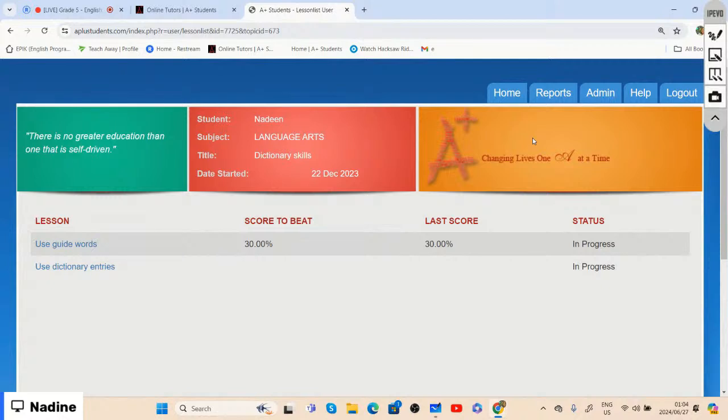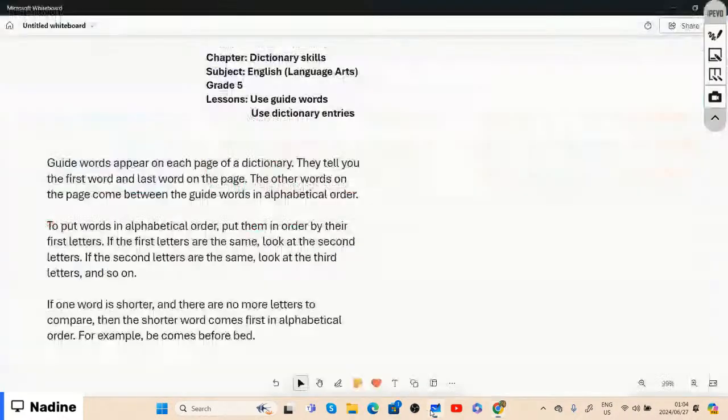All right. So when it comes to dictionary skills, we said our chapter is dictionary skills, our subject is English Language Arts, grade 5.